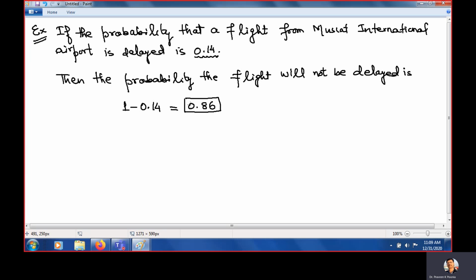So the probability that the flight is delayed is 0.14. What is the meaning of will not be delayed? Will be on correct time. Clear? Will be on right time is 0.86. So using complement, you can calculate anything. Clear? If something is not correct and correct, the sum of these two will be equal to 1. This is the use of complement.